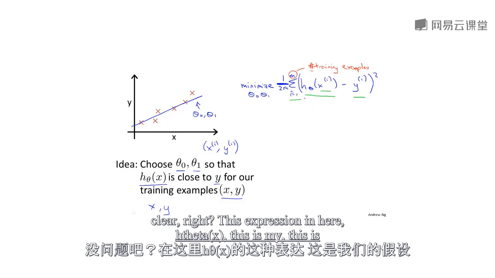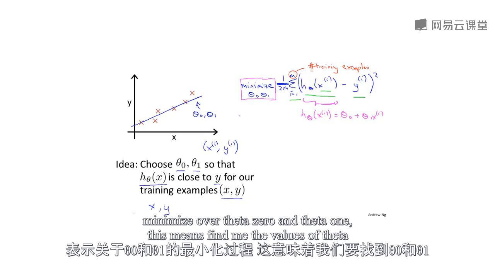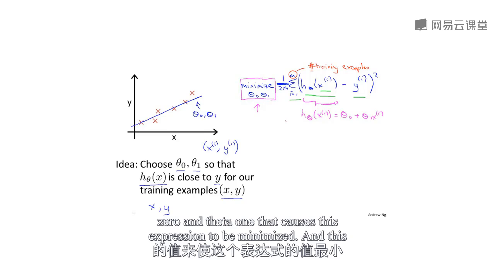this expression in here, h subscript theta of x, this is our usual hypothesis, that's equal to theta 0 plus theta 1 x i. And this notation, minimize over theta 0 and theta 1, means find me the values of theta 0 and theta 1 that cause this expression to be minimized.